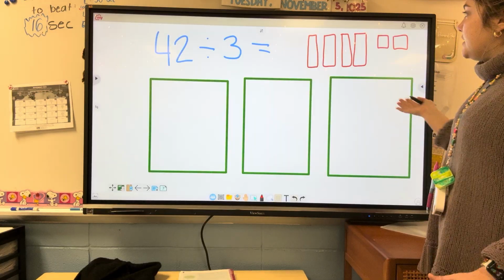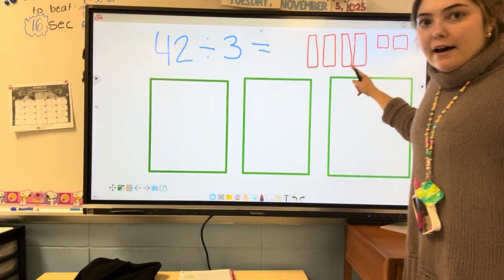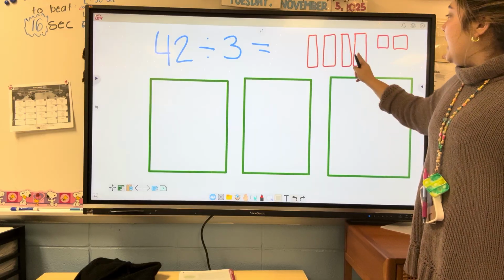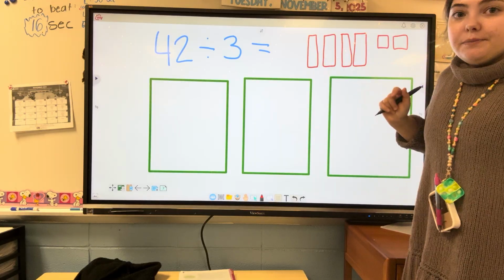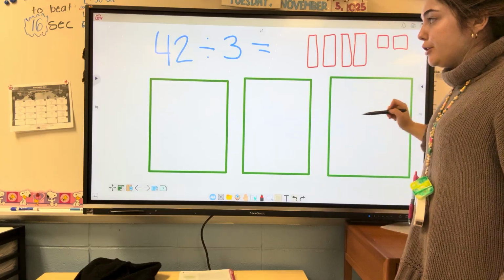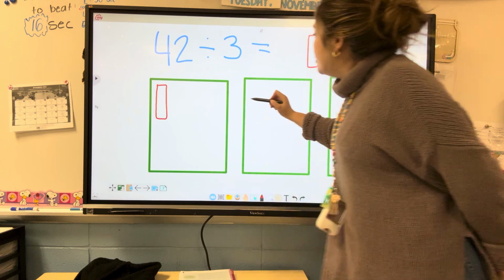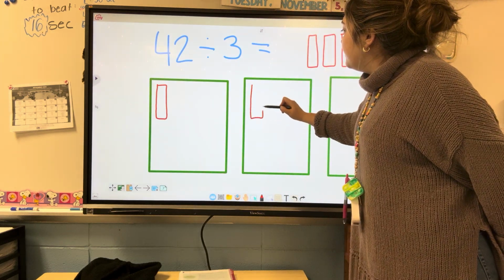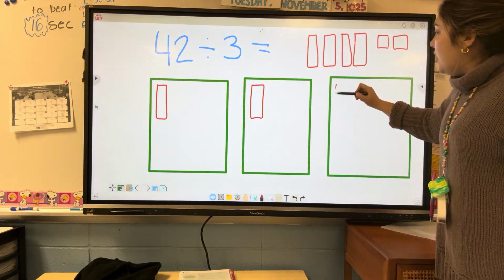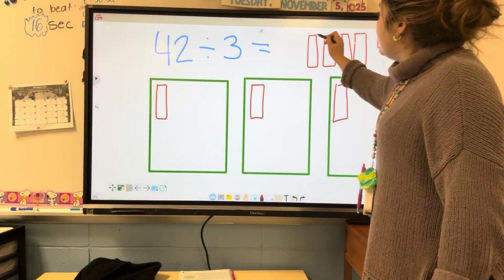Okay, so now I ask them, right off the bat, what can I split into these 3? Is there something that I have 3 or maybe more of? And they would tell me I have 3 rods. So I'm going to put my 3 rods, 1 in each group. 1 rod, 2 rod, 3 rod.